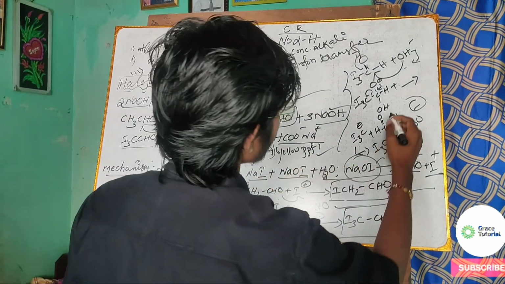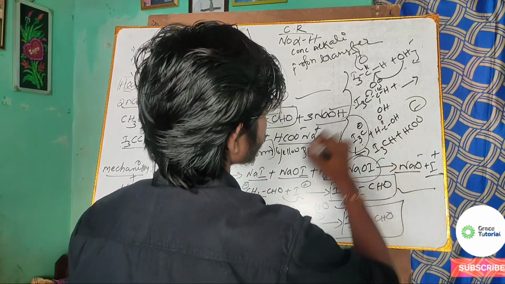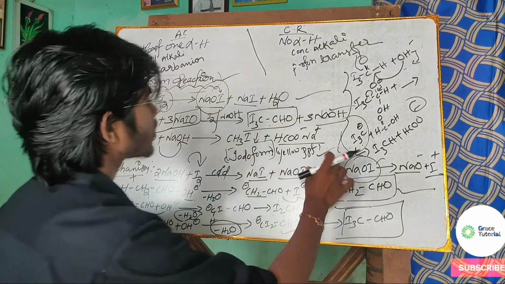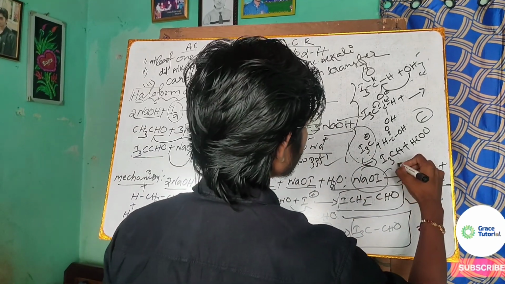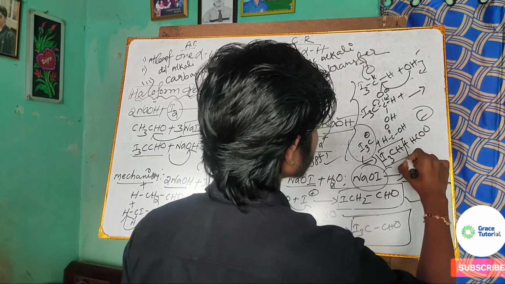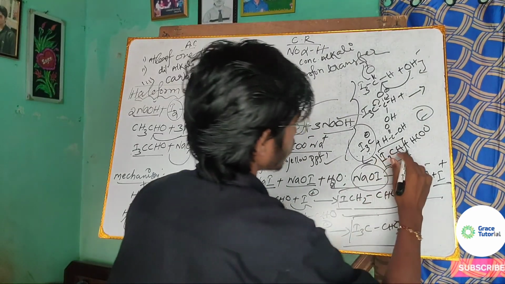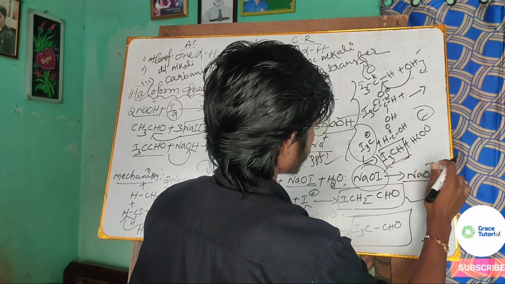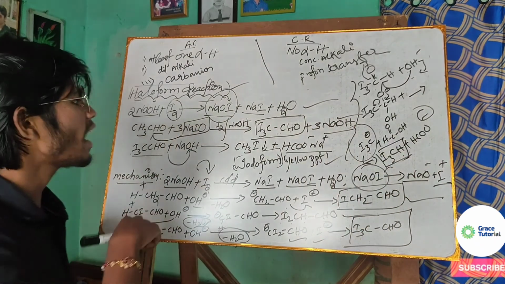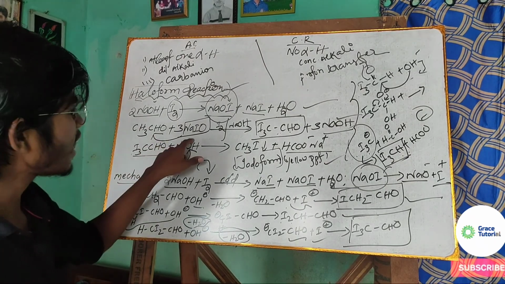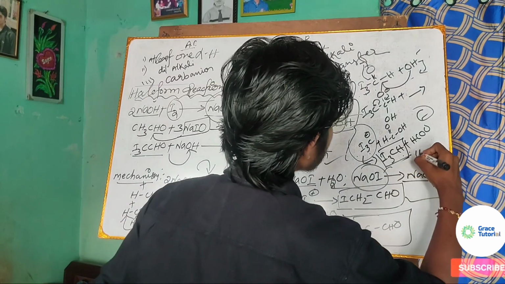And further, I3C minus is obtained, which on protonation gives iodoform, I3CH. So iodoform, CHI3, is obtained when acetaldehyde reacts with NaOI in this way.